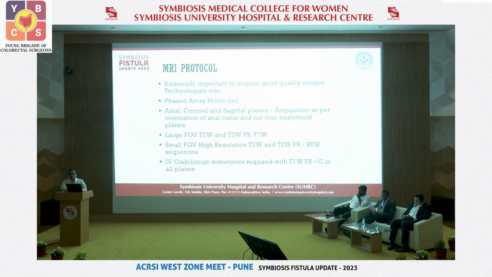We use a phased array pelvic coil. Previously we used an endoanal coil also, but that was very cumbersome and very painful for the patient. Now with the phased array coil, especially on 3 Tesla MR, we get very good resolution. Generally we take T1 weighted and T2 weighted sequences with fat saturation, and sometimes we use contrast to delineate the fistula better.